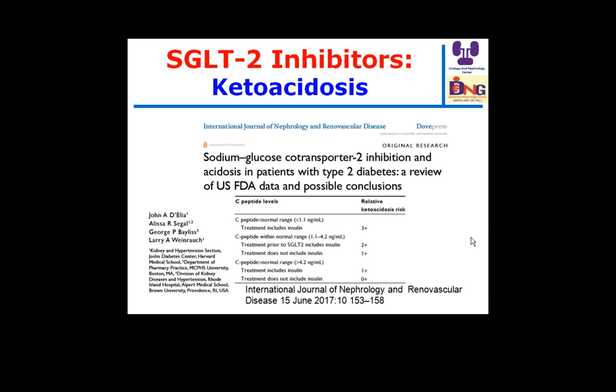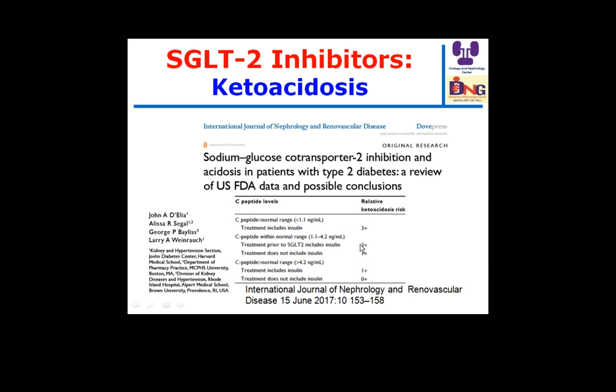The most important risk factor for development of euglycemic ketoacidosis after the use of sodium glucose cotransporter 2 inhibitor is the presence of a very low level of C-peptide, because it reflects hypoinsulinemia. If C-peptide is less than 1.1 nanogram per ml, this will increase the relative risk by 3 folds. But if it is between 1.1 and 4.2 and the treatment prior to the sodium glucose cotransporter inhibitor includes insulin, it increases 2 folds.